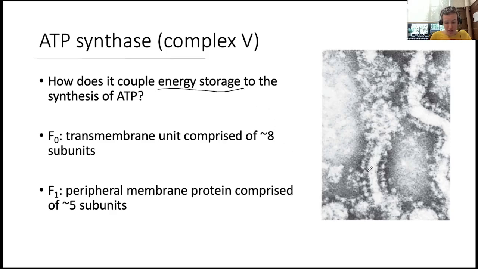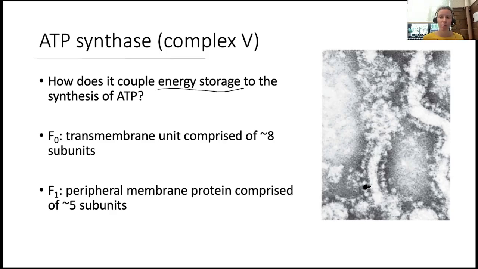On the right-hand side of the screen, folks, is an electron micrograph of the ATP synthase in mitochondrial membranes. Each of these things that you see here that kind of looks like a lollipop with a little stem and a ball is an ATP synthase.